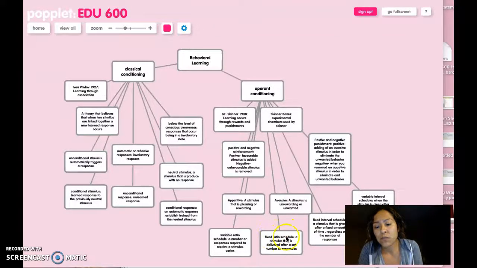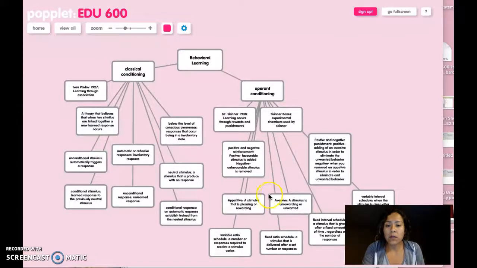And then fixed ratio schedule is a stimulus that is delivered after a set number of responses. And then your variable ratio schedule is when the number of responses required to receive a stimulus varies.